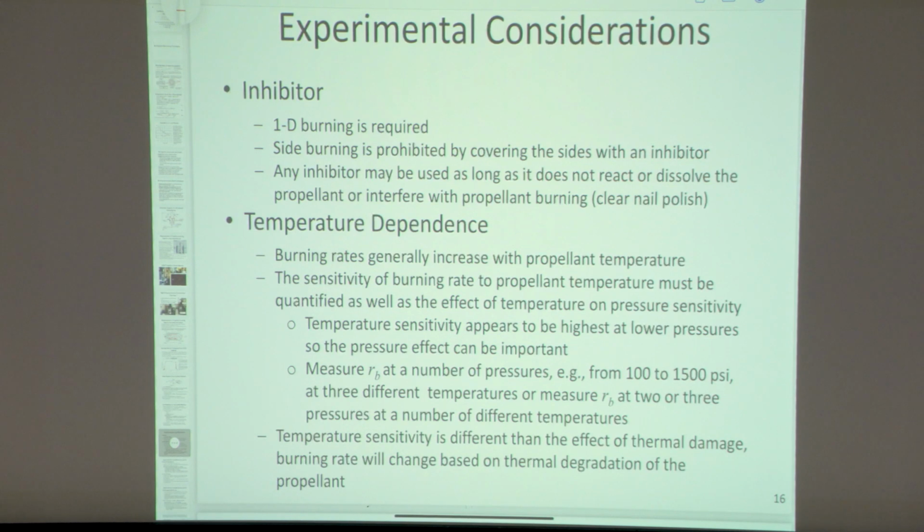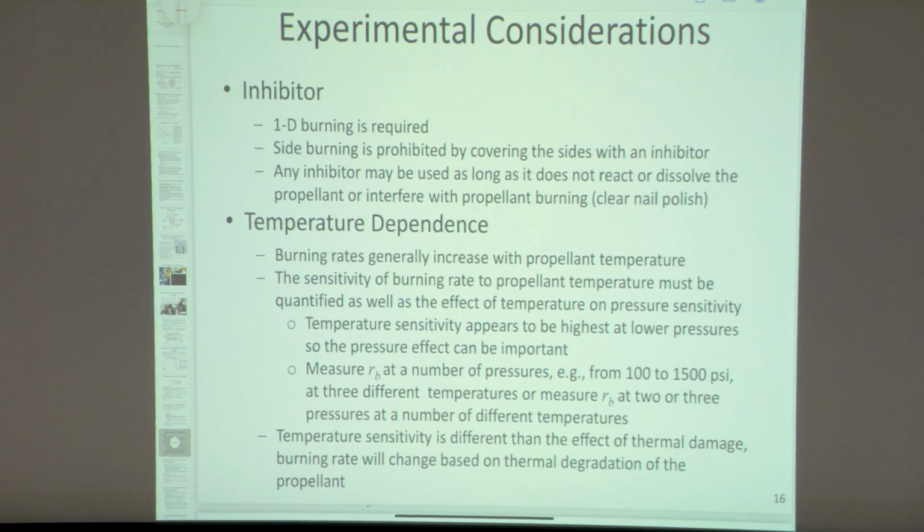The temperature dependence. Burning rates generally increase with propellant temperature. The sensitivity of the burning rate to propellant temperature must be quantified, as well as the effect of temperature on pressure sensitivity. Temperature sensitivity appears to be highest at lower pressures, so the pressure effect can be important.